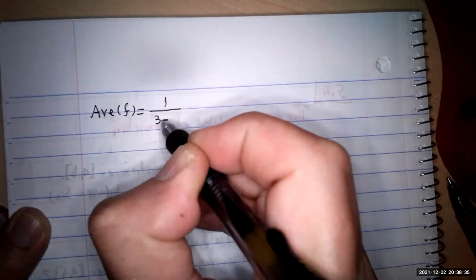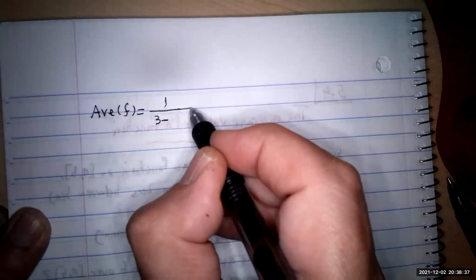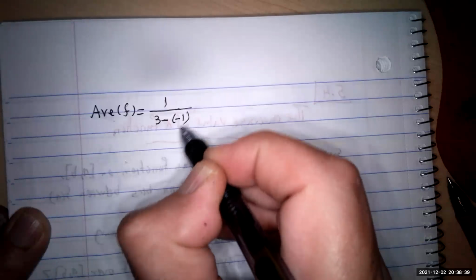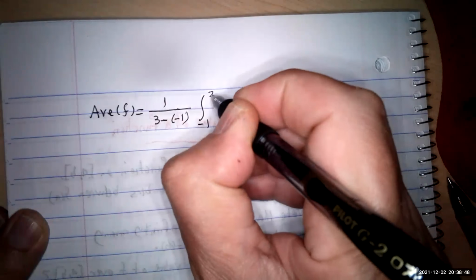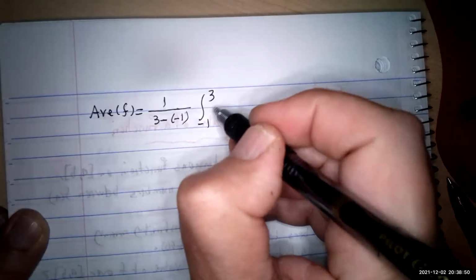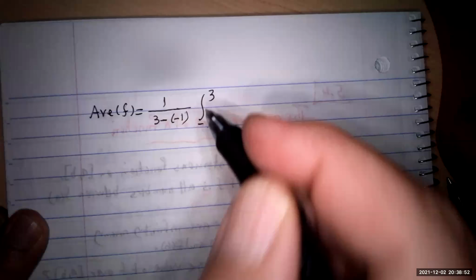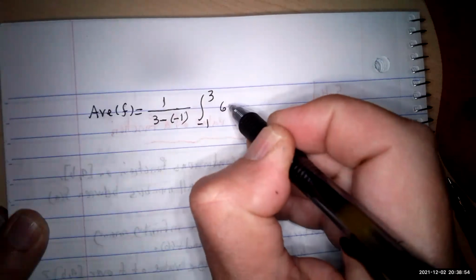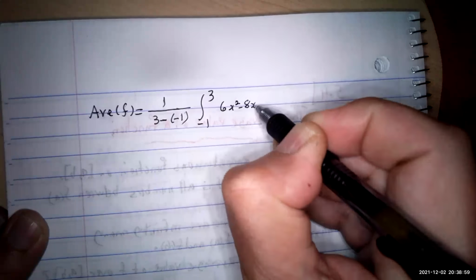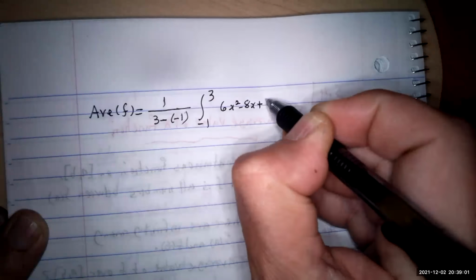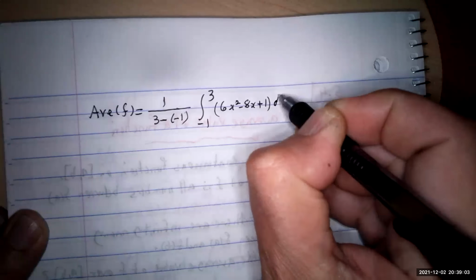B was 3, minus a, which is -1. Make sure you use parentheses for the next part. It's 3 minus -1, times the integral from -1 to 3 of f of x dx, where f of x is the function 6x squared minus 8x plus 1, and the dx.